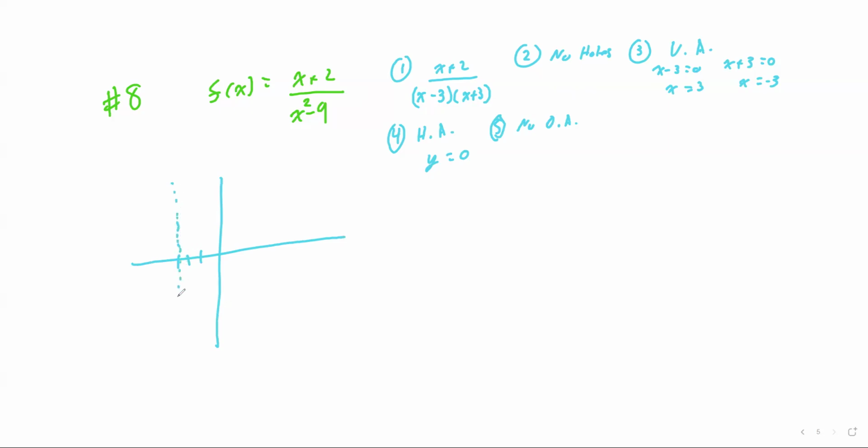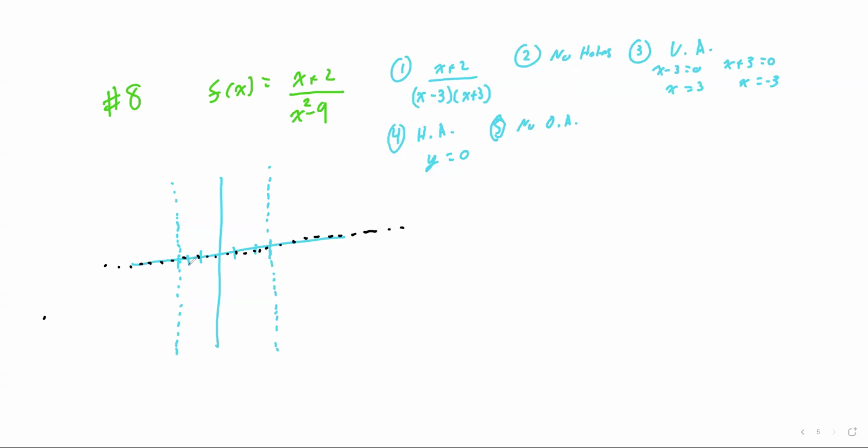Here is what a vertical asymptote roughly looks like. You have a nice computer program that does this for you. There is your x equals 3 and x equals negative 3, and then you technically have one at y equals 0. So we have a function that looks like this.